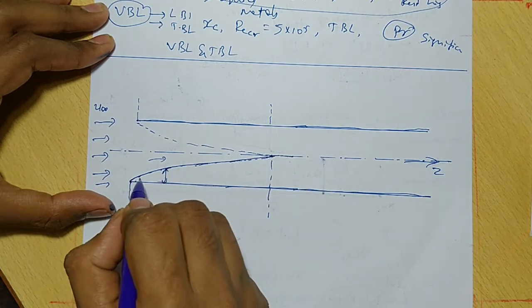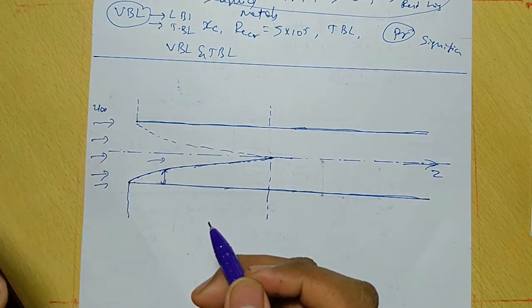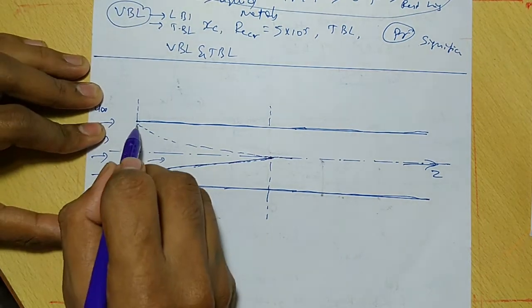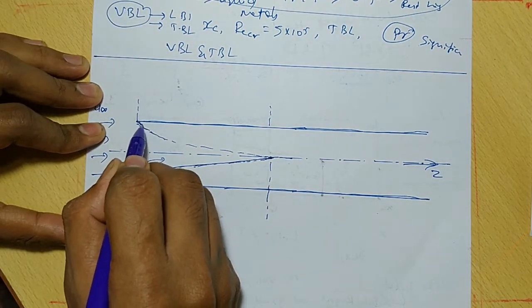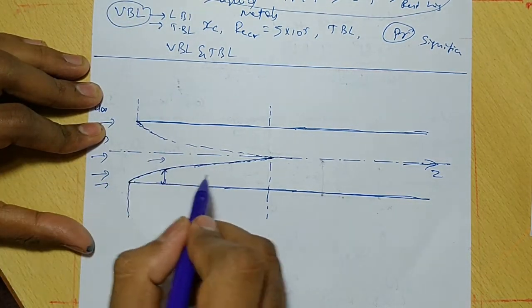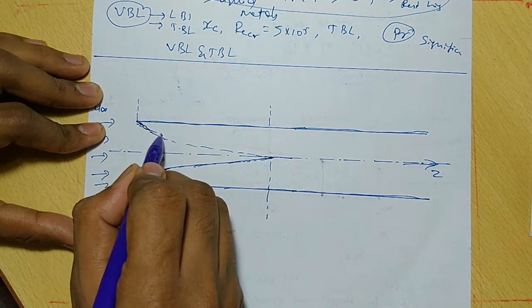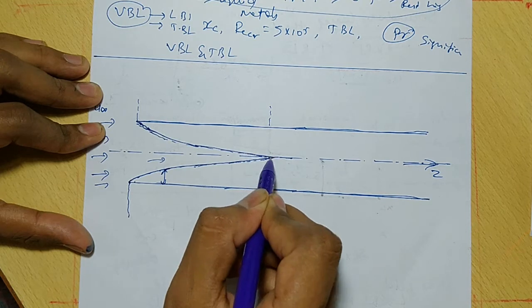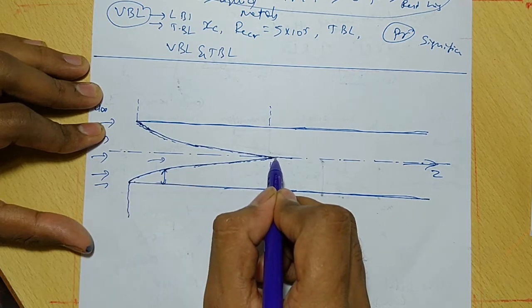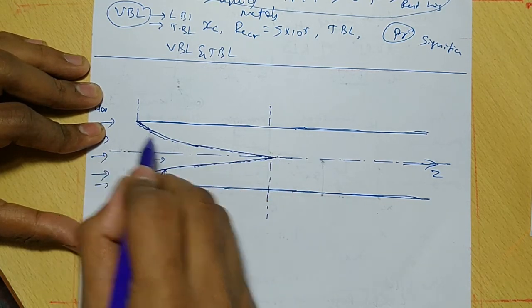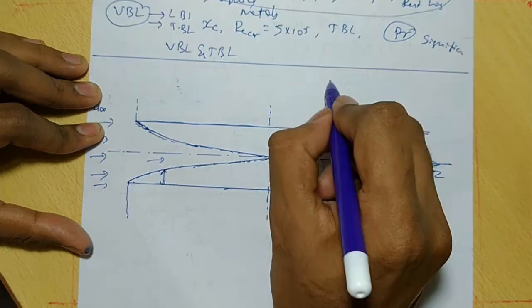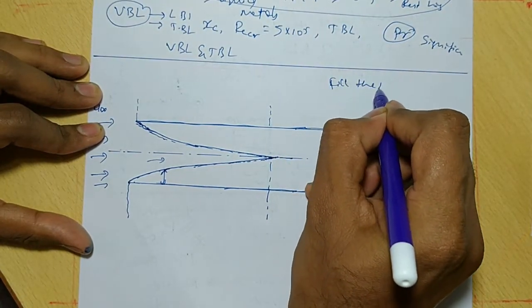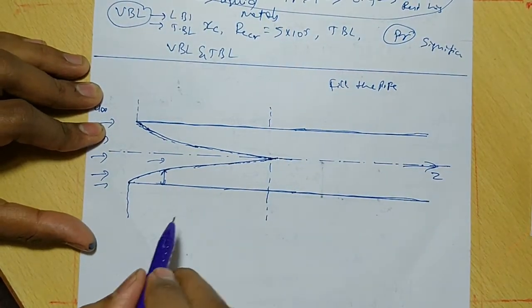In the same way, the boundary layer develops over the surface everywhere, along the circumference. This boundary layer finally meets the center axis of the pipe, or fills the pipe.